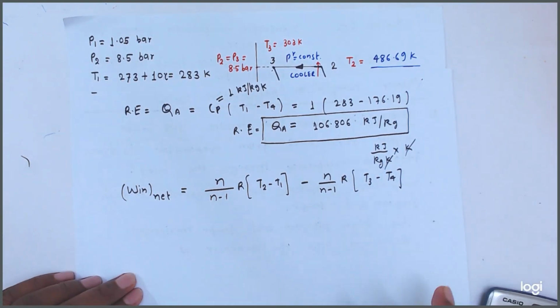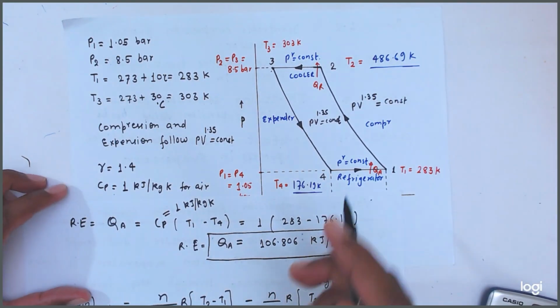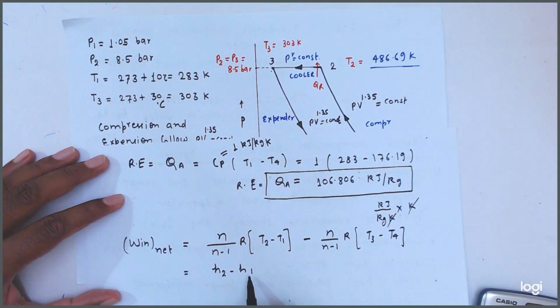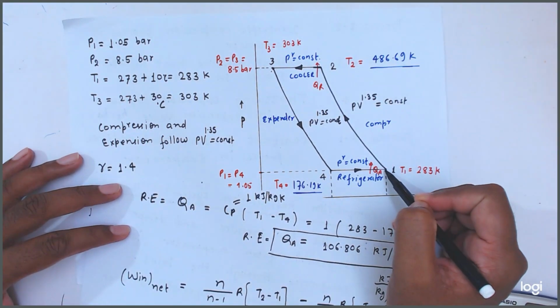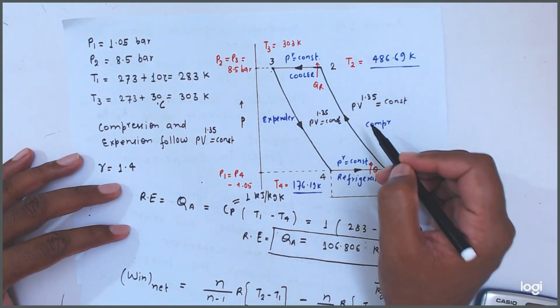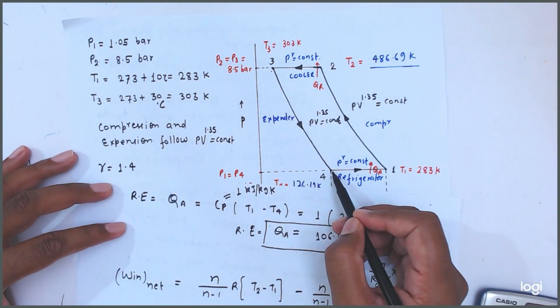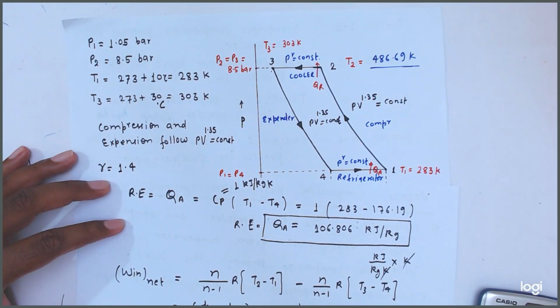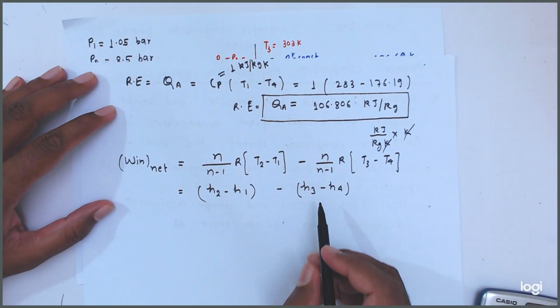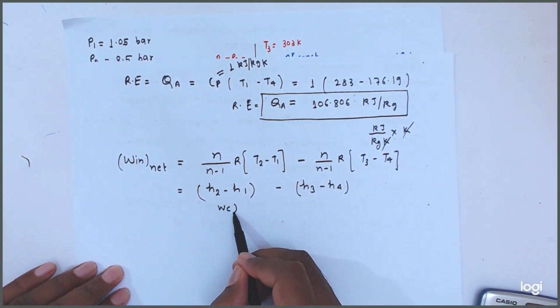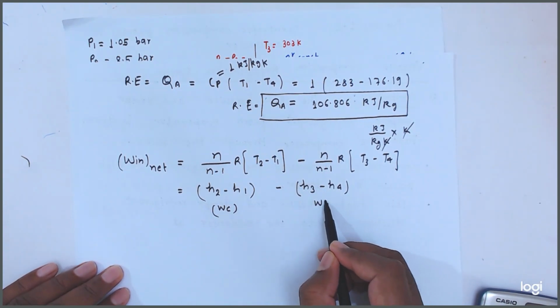The simple concept is that this equals enthalpy at point 2 minus enthalpy at point 1, which gives the work input in the compressor, minus enthalpy at point 3 minus enthalpy at point 4, which is the work done in the expander.